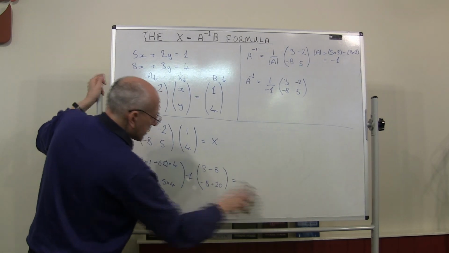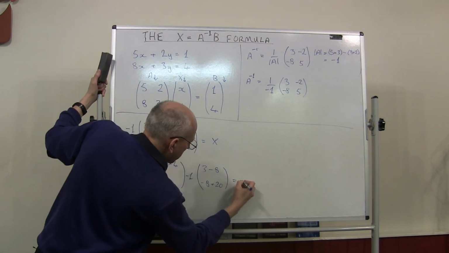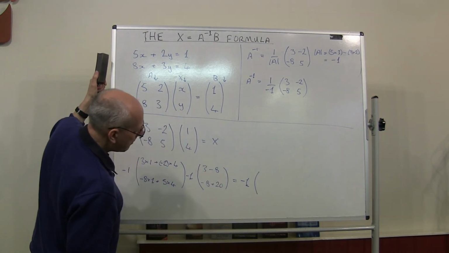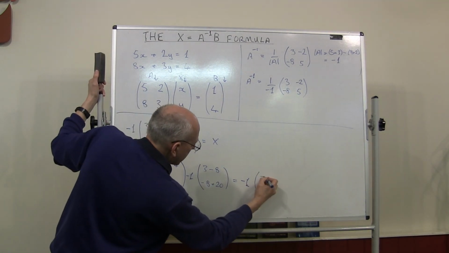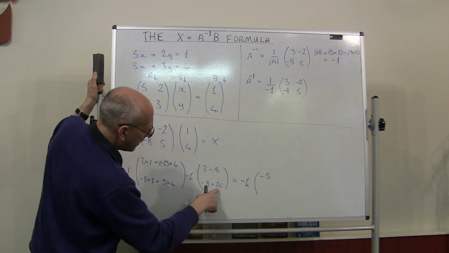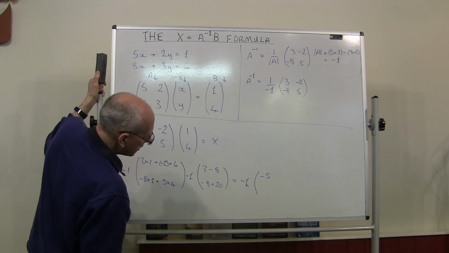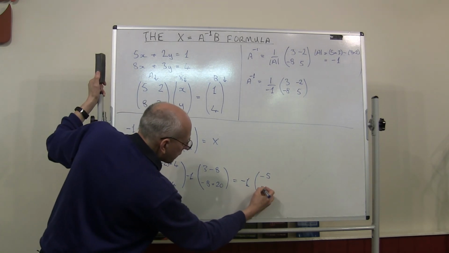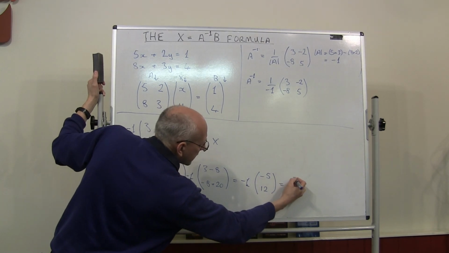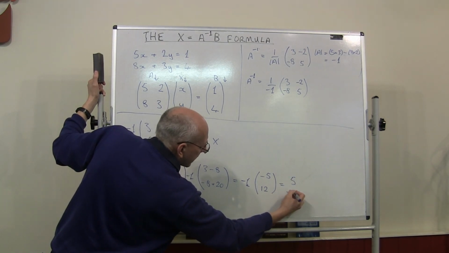Let's not put that in yet because I don't want to cause any more confusion. Minus 1 times, so 3 minus 8 is minus 5, and minus 8 plus 20 is 12. Multiply in the minus sign, makes that plus 5 minus 12.